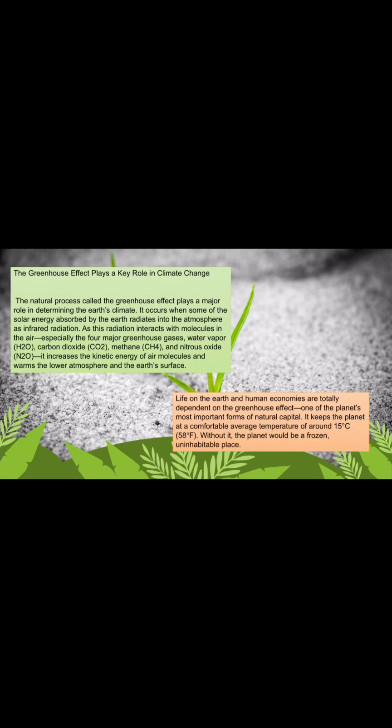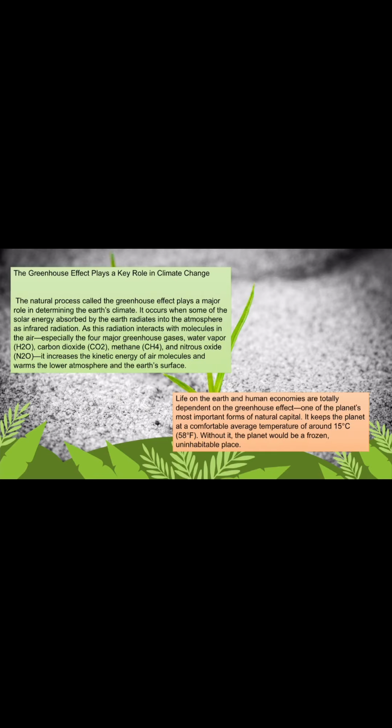The main cause is the phenomenon known as the greenhouse effect. The natural process called the greenhouse effect plays a major role in determining the Earth's climate. It occurs when some of the solar energy absorbed by the Earth radiates into the atmosphere as infrared radiation. This radiation interacts with molecules in the air, especially the four major greenhouse gases: water vapor, carbon dioxide, methane, and nitrous oxide.